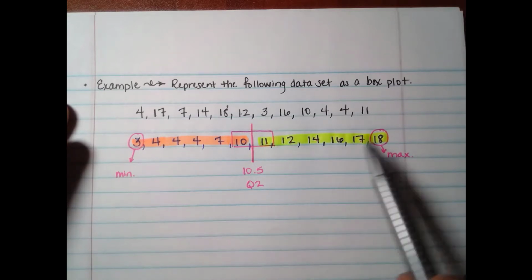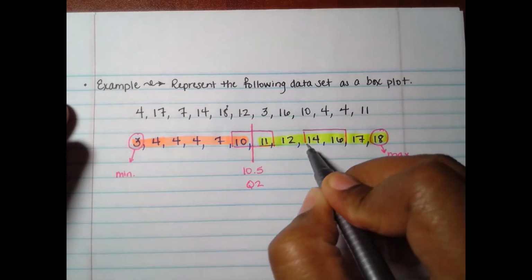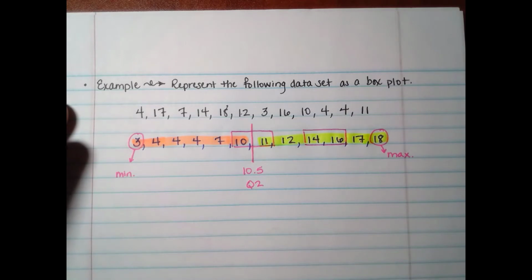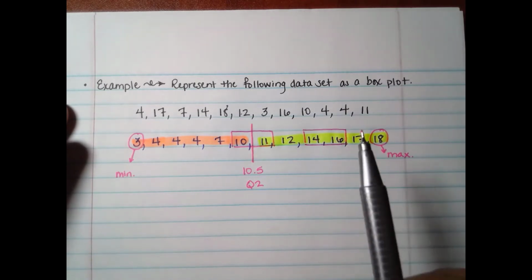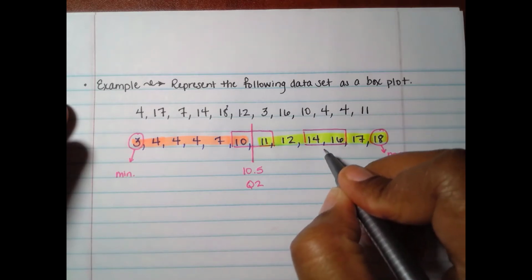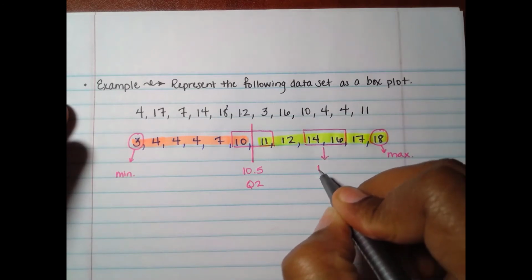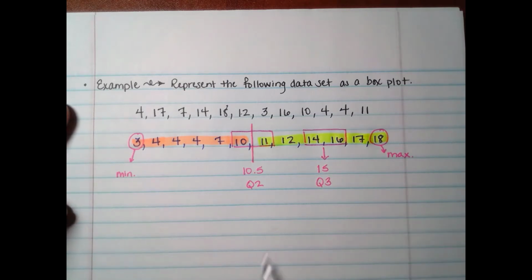So that means I'm going to still end up with 2 in the middle, in which this case is there. So I would add these two together and divide by 2. 14 plus 16 is 30. 30 divided by 2 is 15. So Q3 would be 15. Now we'll do the same thing with the lower half.